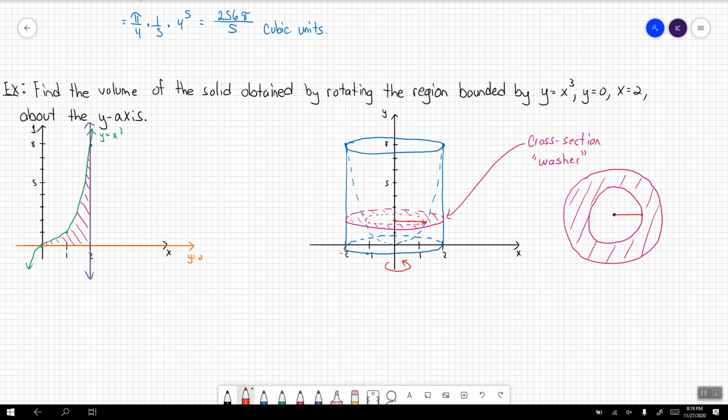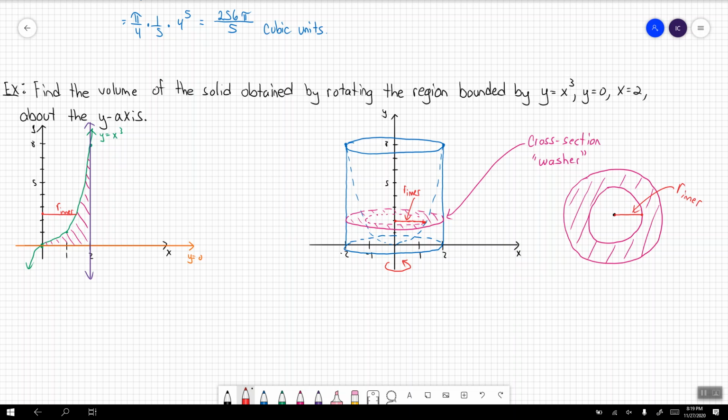And again, taking any sample point here, that's going to be my first radius. So I'm going to call this radius the inner radius, because it's an inner radius as we see here. So this is radius inner.